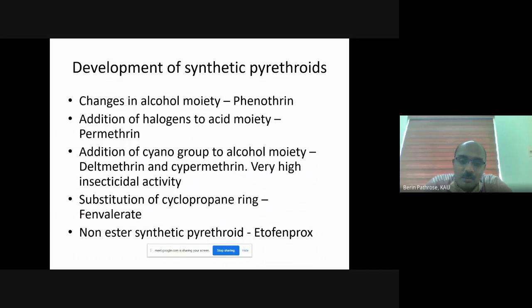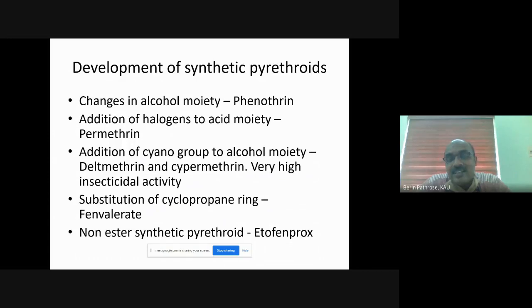I haven't discussed phenothrin, but phenothrin was the first molecule with the phenoxyphenyl ring, and then they started adding halogens. In permethrin they added chlorine. The next modification was addition of halogens to the acid part. So we received a photostable pyrethroid, that is permethrin.